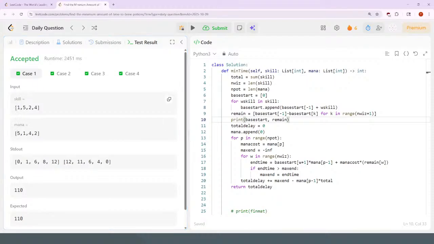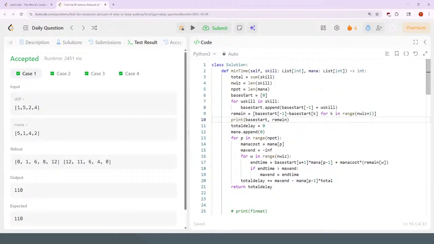If the skills for the wizards were 1, 5, 2, 4, assuming that there was a mana cost of 1 for the potion, that means that you're basically scaling the time that each wizard takes by 1.